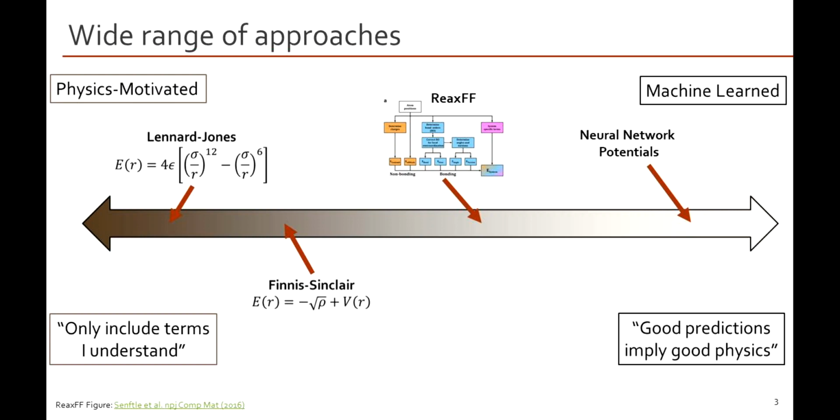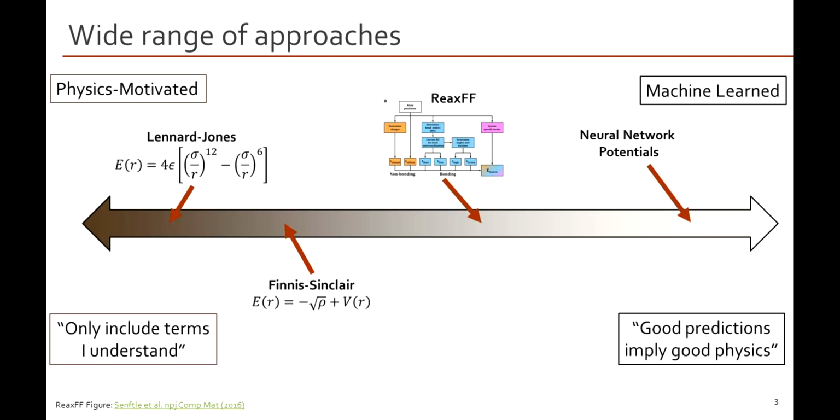But really, to give an idea about the spectrum, there exist a number of techniques that vary anywhere on the axis between things that are entirely motivated based on physics, and how I relate, say, the environment of an atom to the energy or the forces acting on it, to neural network potentials or other methods where the model forms are not entirely based on physics.